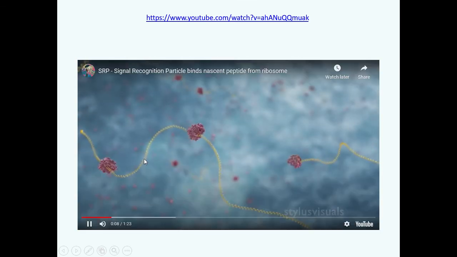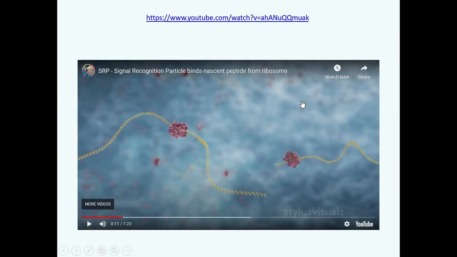Okay, so this animation shows the process of how proteins are brought to the endoplasmic reticulum. In this representation, you see a molecule of messenger RNA here, and these structures are the ribosomes.